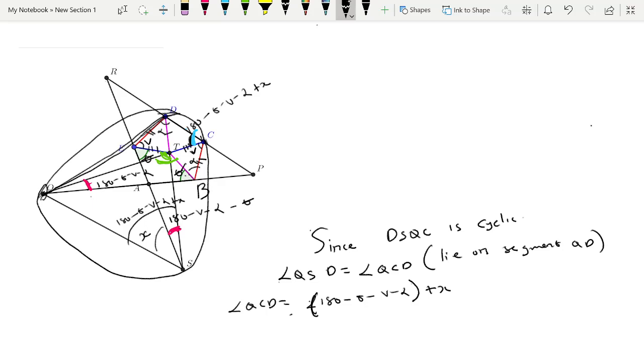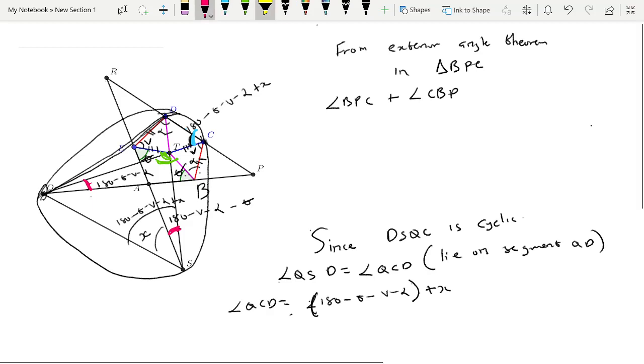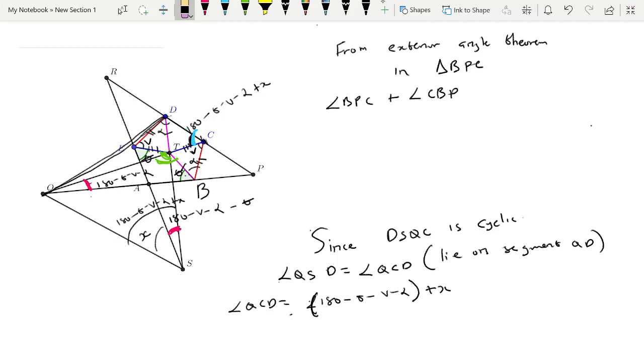Okay, so we know that from the exterior angles theorem, in triangle BPC, angle BPC plus angle CBP, that's this angle here, is equal to the exterior angle. So the sum of these two has to equal this outside, this blue section.